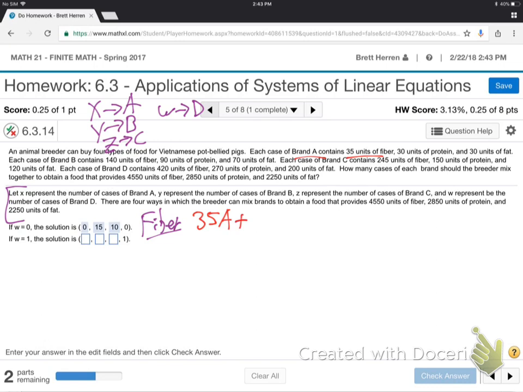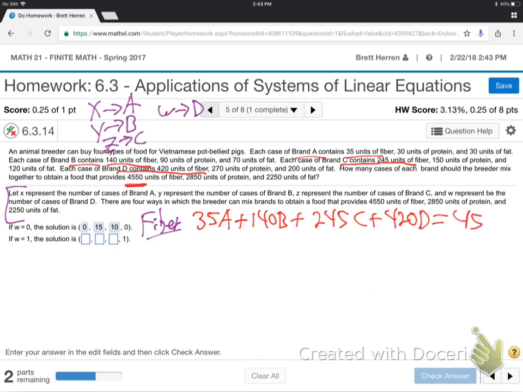Plus 140 for B. B is 140. 140B. Plus C is 245 for fiber. Plus D. D is 420 for fiber. Equals how much fiber do these animals need? These pigs. 4550 fiber.